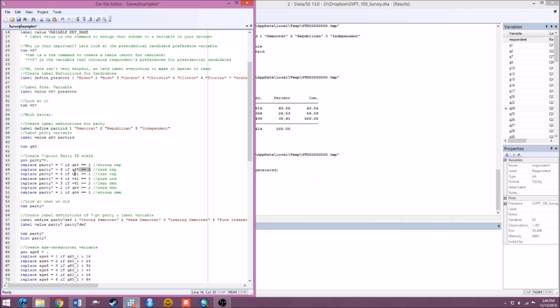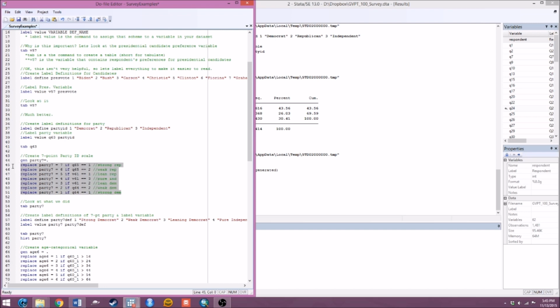And then we switch questions to this leaning question: if you answered independent, do you lean one way? For this variable, 1 was leaning Republican, 3 was pure independent, don't really feel one way or the other, and 2 was leaning Democrat. So I'm just going to keep following what I've done: 5, 4, 3, 2, 1, right?